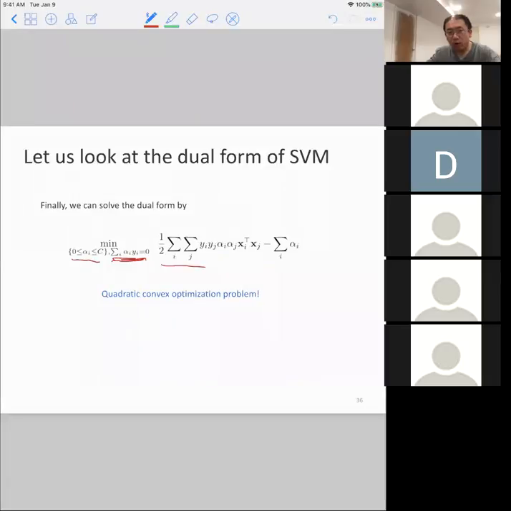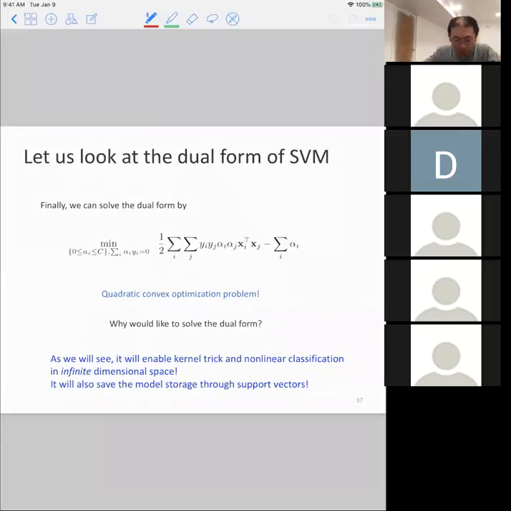You can call the library to solve it by itself. It's pretty standard. And the constraints are pretty simple as well, because they are just boundary constraints. Each Lagrange multiplier alpha_i is between 0 and C, and we also have a linear constraint, that is, this linear combination must be 0.